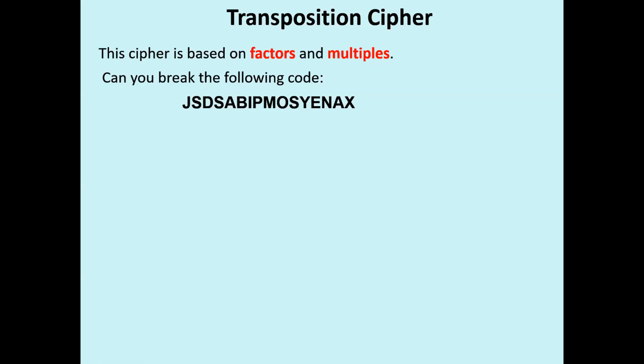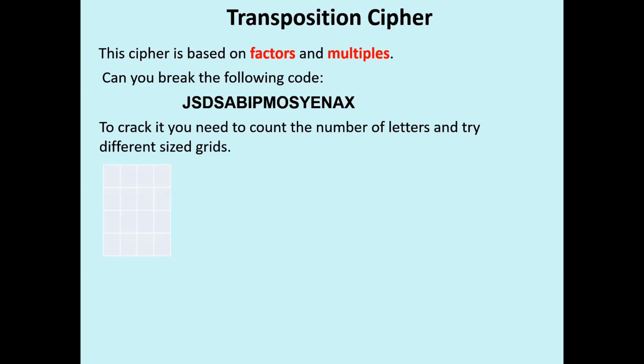We could have 16 and 1, or 4 and 4, or 2 and 8. So we just need to choose one to start off with, and it might be the right one, or it might not, in which case we need to do it again. And we'll know if it's the correct one because we'll end up with coherent English. Words will make sense. So we're going to try a 4 by 4 grid.